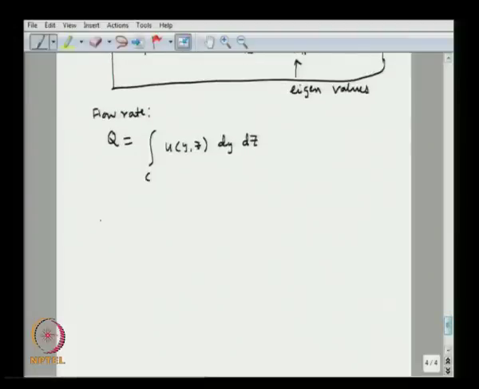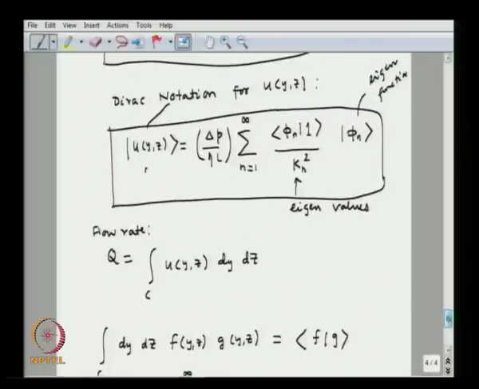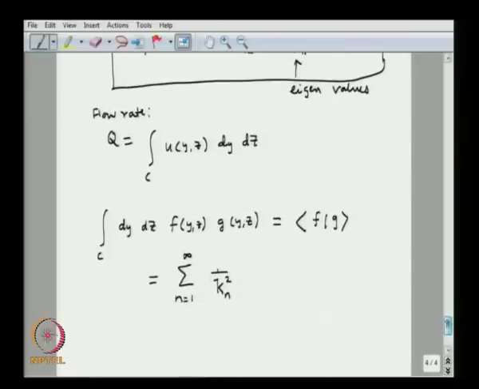Now, in general, if you look at eigenfunctions, the integration over dy dz of f(y, z) into g(y, z) can be written as the bracket of function f into g, which can be represented as this: summation n equal to 1 to infinity, 1 over k n square, where k n are the eigenvalues, into the bracket of phi n, 1 into the bracket of g, phi n.